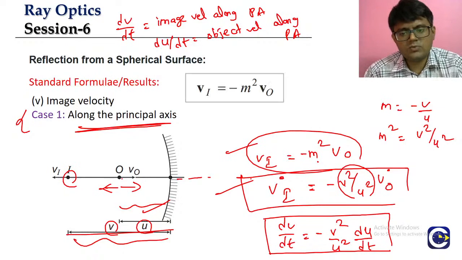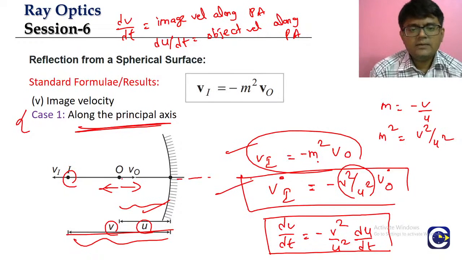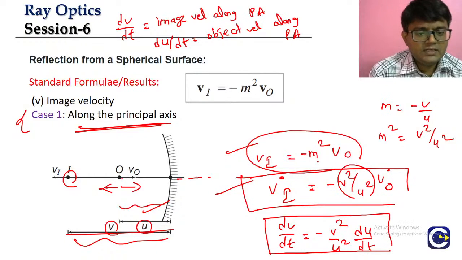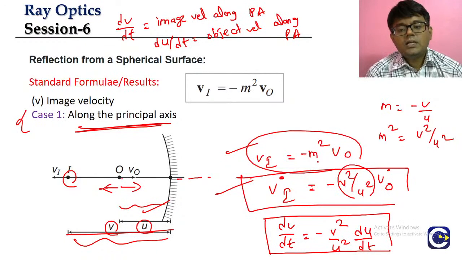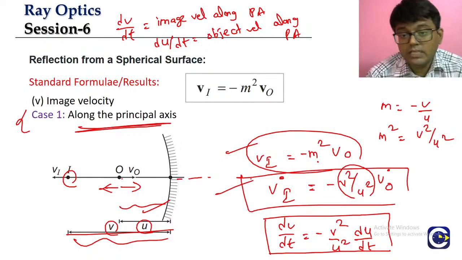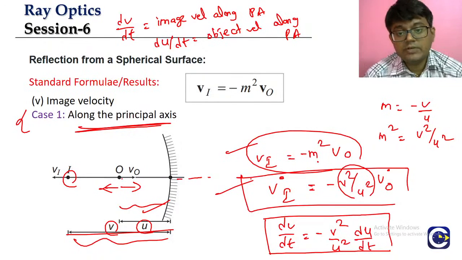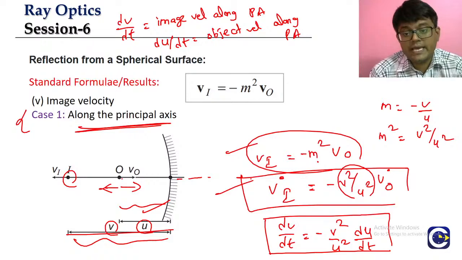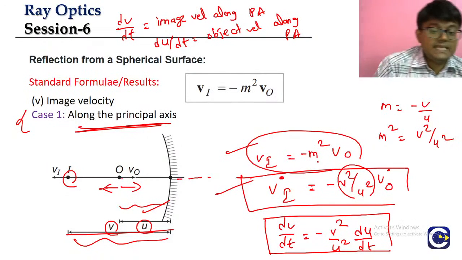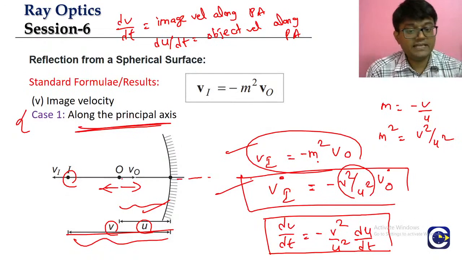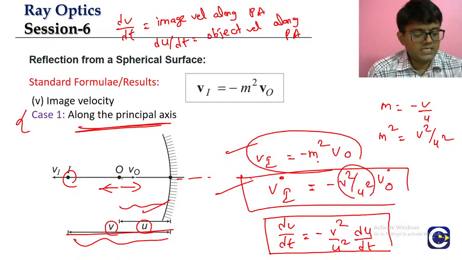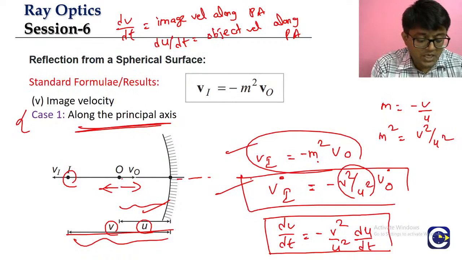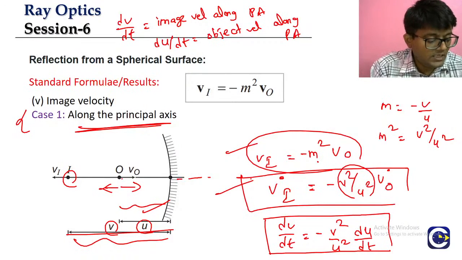The final result: the image velocity along the principal axis is equal to minus v square by u square into the object velocity along the principal axis, or vi is equal to minus m square into vo, where m is the magnification at that given instant. This is the relation in terms of the components of velocities along the principal axis.